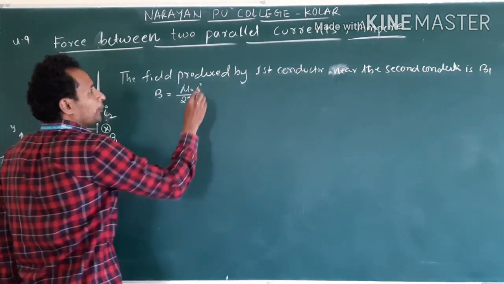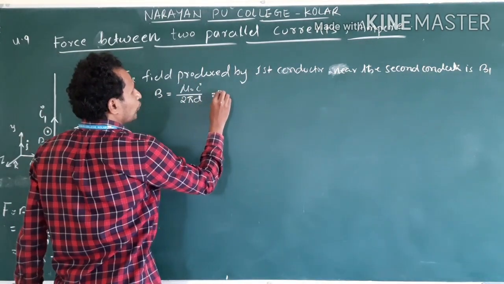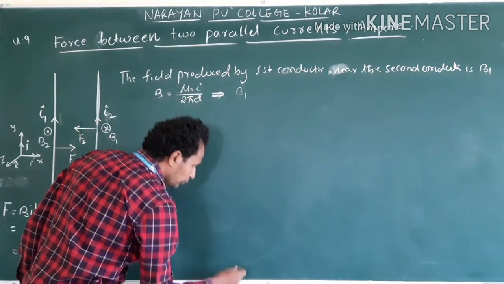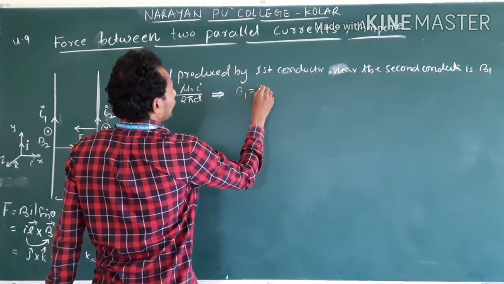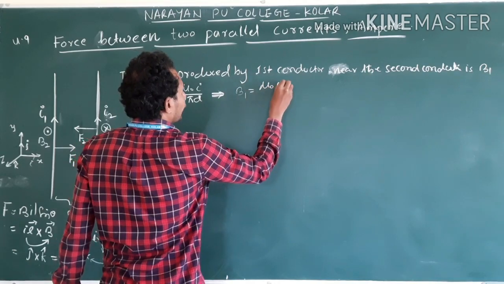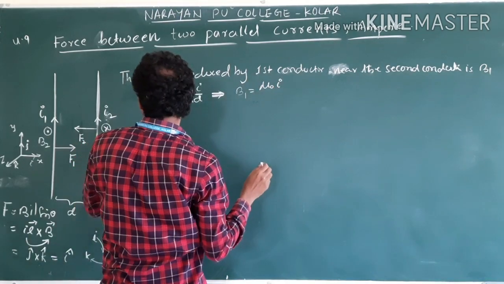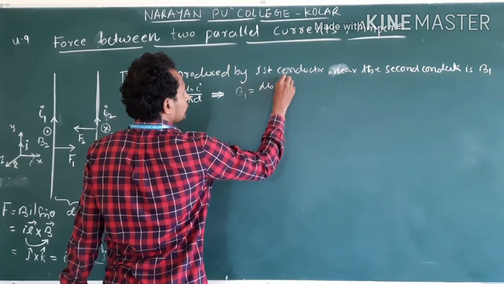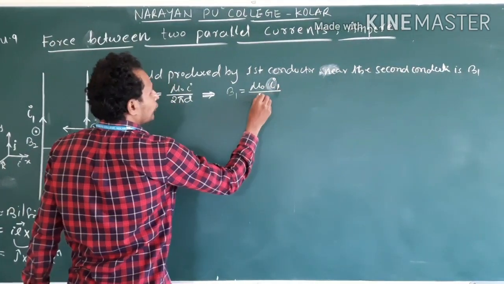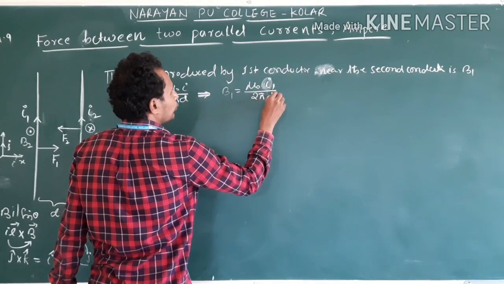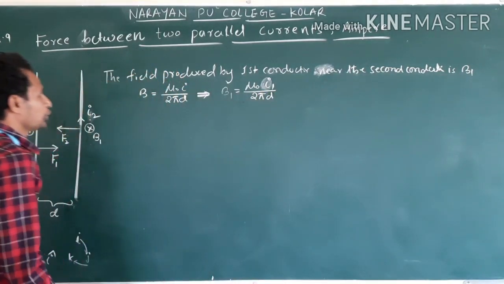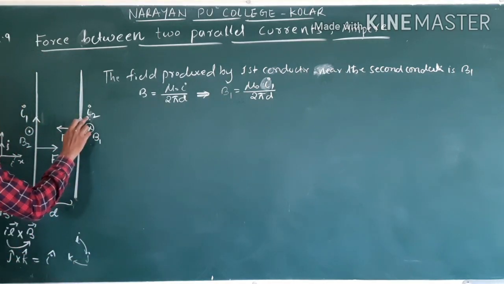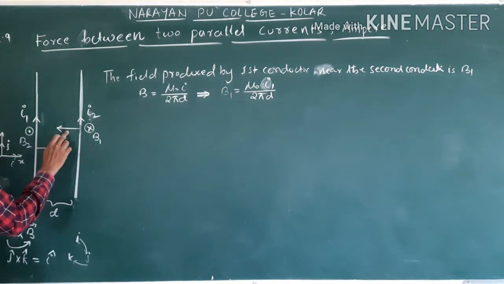This is the formula. But according to our situation, what do we get for B1? B1 is equal to, what is that? Mu naught, which conductor developing B1? First conductor. So this current is I1 by, what is the distance between them? d. 2 pi d. First is over. Due to this field and due to this current, the second conductor experiences force.